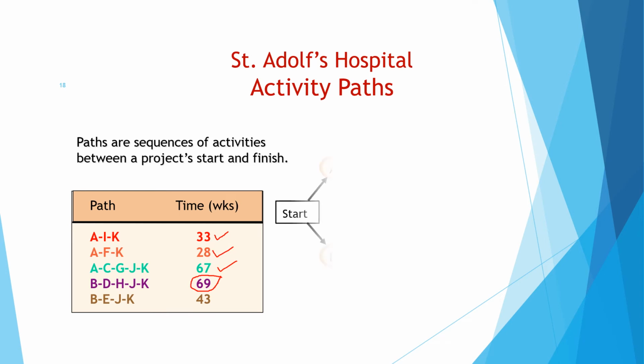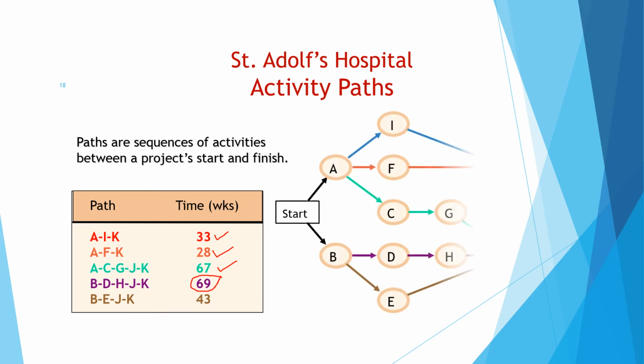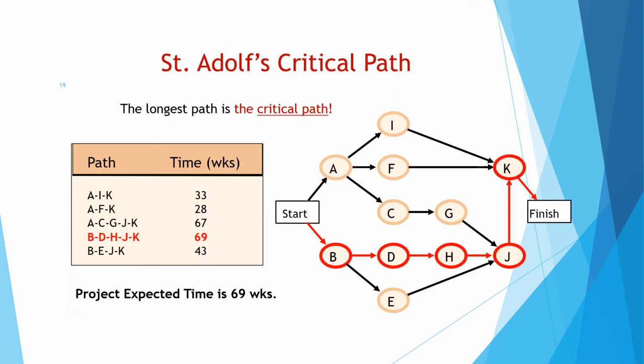Just see, it is given in an animated way. So which one is considered as the critical path? 69, because that is the longest path. So the longest path is the critical path, which is B, D, H, J, K.